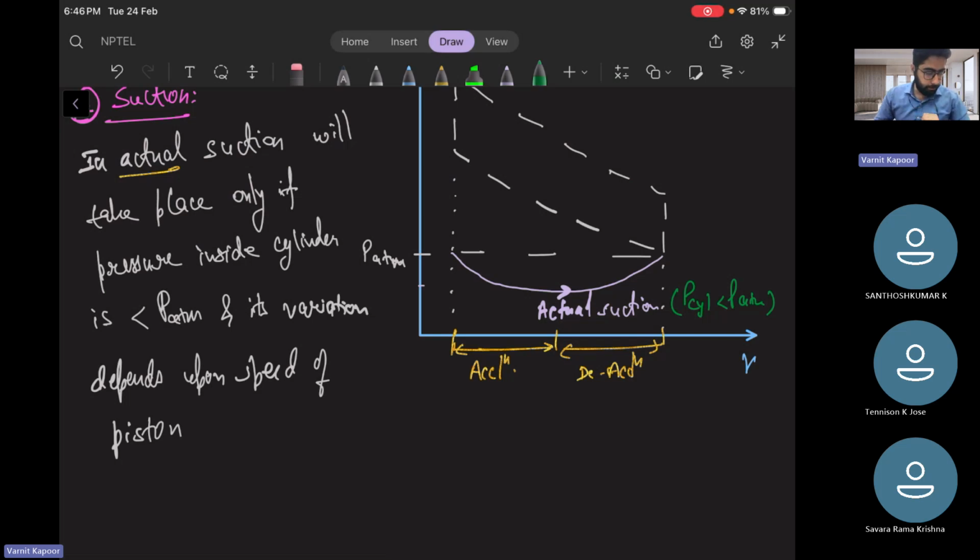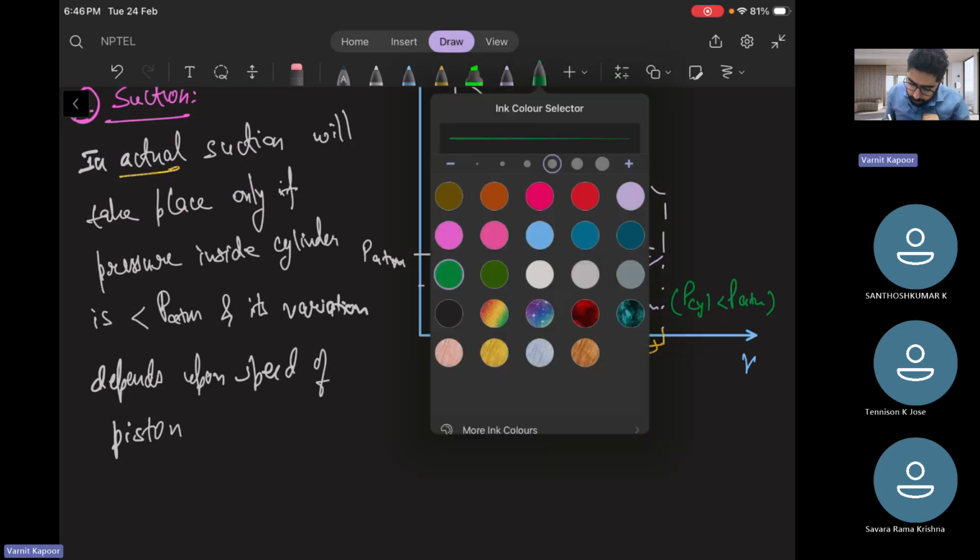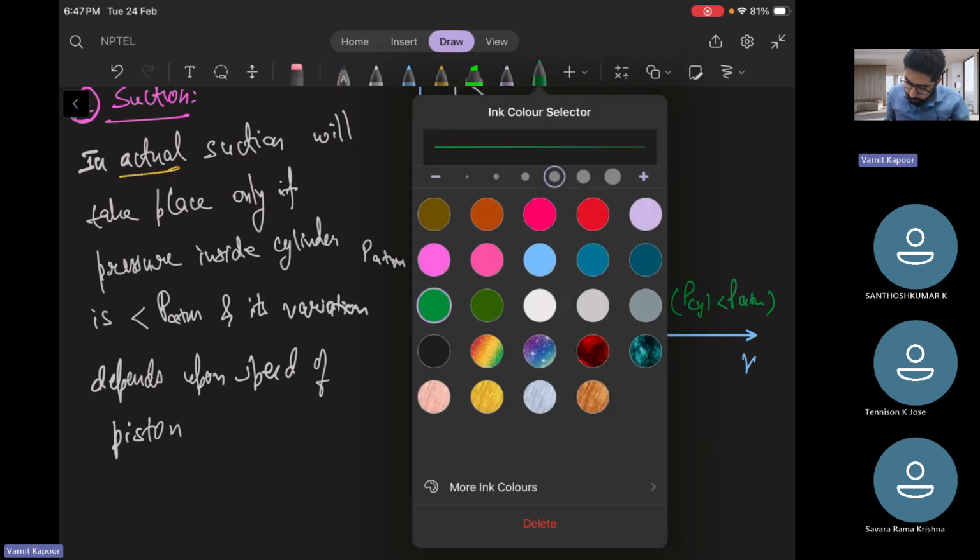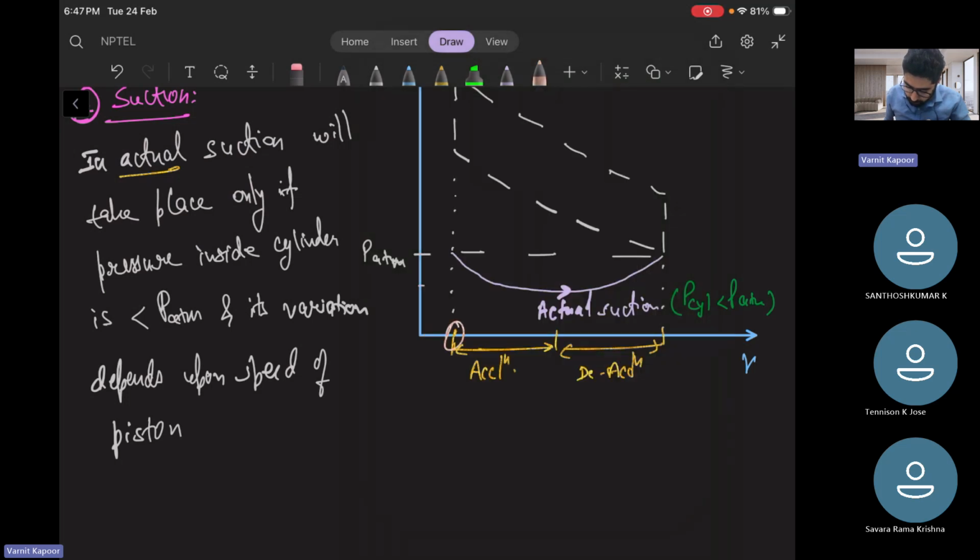So here at these points, I should use which color? This one. So this is a point where V is 0, and this is a point where V is maximum, and pressure is minimum.